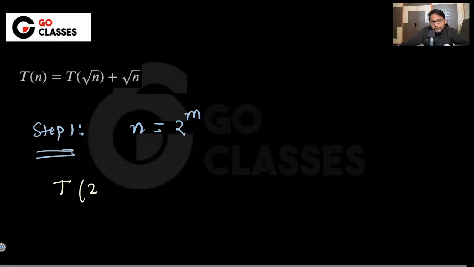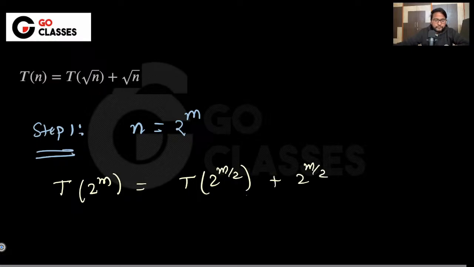T of 2 to the power m equals T of 2 to the power m by 2 plus 2 to the power m by 2, isn't it? Or in other words, you can say m is log n. Either way is fine. Step 1 is saying that you are putting n as 2 to the power m. Is this fine?